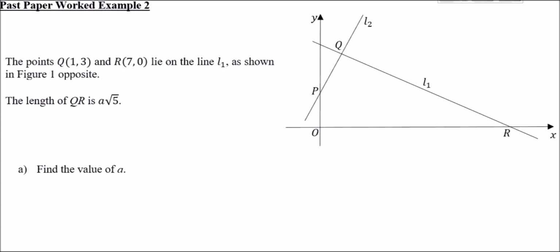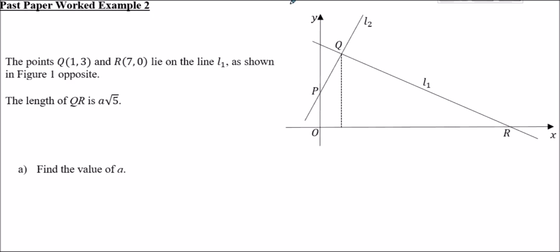So this is an application of the distance between 2 points formula. We know what QR is, so one thing we could do is just apply the formula directly. Just to help out matters, I'm going to make it a bit more visual. I'll have just a dotted line going down from Q to the x-axis.